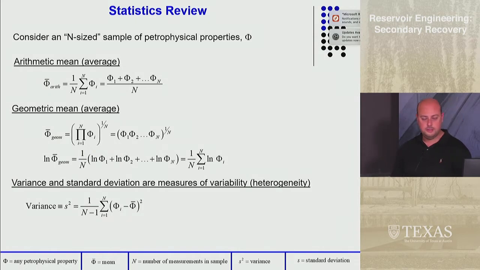The variance, we're going to use the symbol s squared, is defined as 1 over the sample size minus 1. So if you've got 10 samples, then it's 1 over 9, times the sum from i equal to 1 to n of your property. So this could be all your permeabilities minus the average, right?